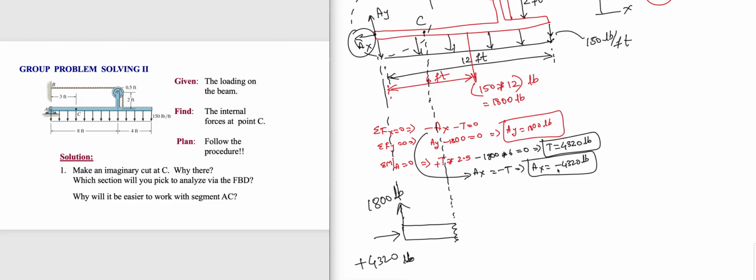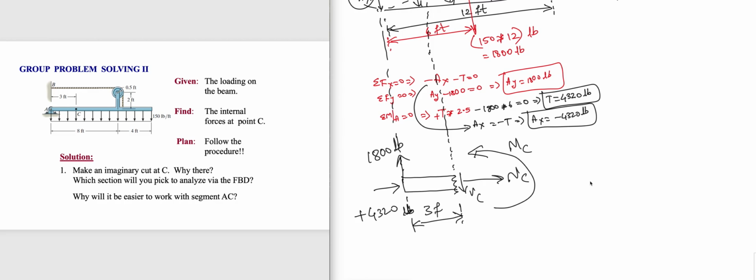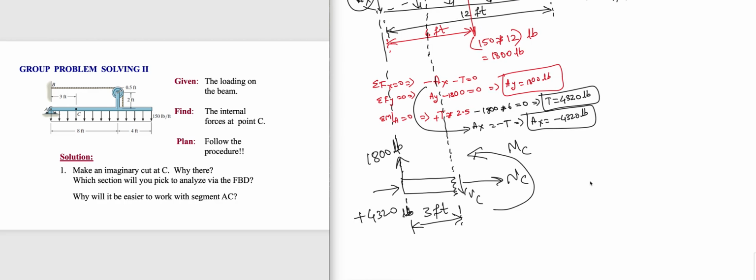And at C, I made a cut, so I have to draw three things: normal at C, shear force at C, moment at C. And this is 3 feet. Okay, now let's work with this.